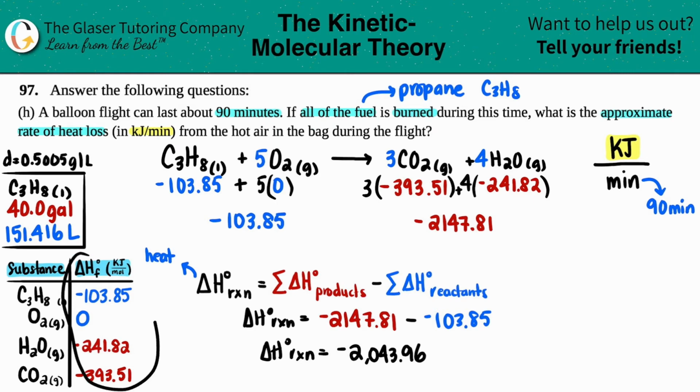Now, here's the thing, guys. If we're just taking it from the table, the delta H value is kilojoule per mole. So this is technically kilojoule per mole. But remember, not most of you, but some of you might say, oh, I got my kilojoule, I'm going to plug it into here now. There was no mole value here. This was just kilojoules.